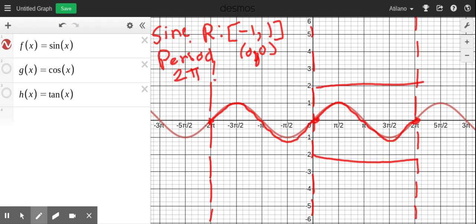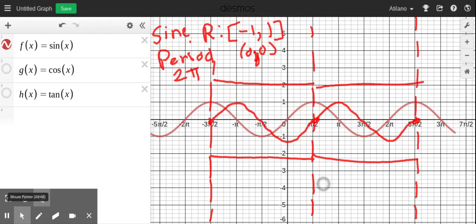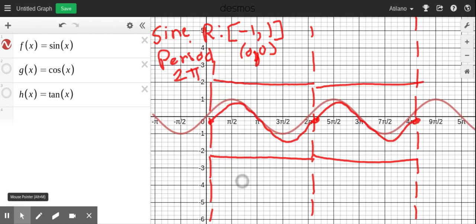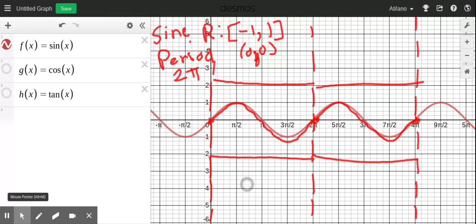That is the exact same behavior that happened over there. So if I can generalize what happens in one iteration of the sine graph, then I can go ahead and talk about what will happen everywhere else. So let's go ahead and erase all this.